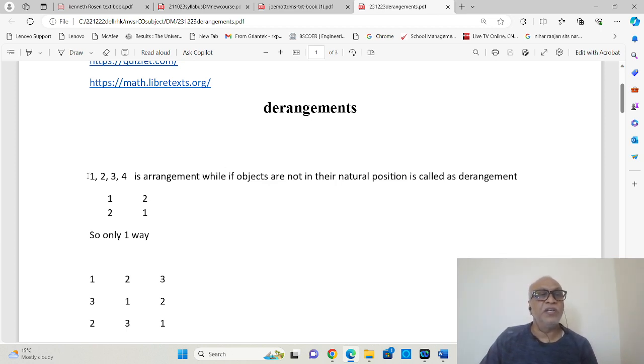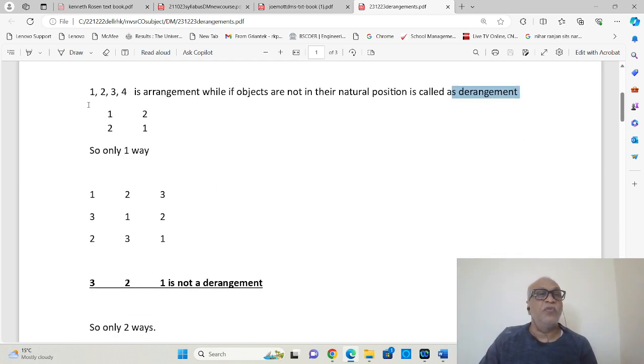For example, 1, 2, 3, 4 is an arrangement. But suppose 1 is not in its own position, 2 is not in its position, 3 is not in its position, 4 is not in its position. Position means natural position. Then it is called derangement. For example, here, in the first row, 1 and 2 are in their natural order, natural position. 2 comes after 1.